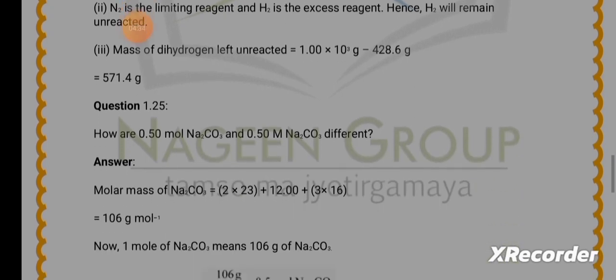Now next is question number 1.25. Here the question is how does 0.50 moles of sodium carbonate differ from 0.50 capital M sodium carbonate? See this difference: 0.5 small m and here 0.50 capital M. Small m means molality and capital M means molarity.